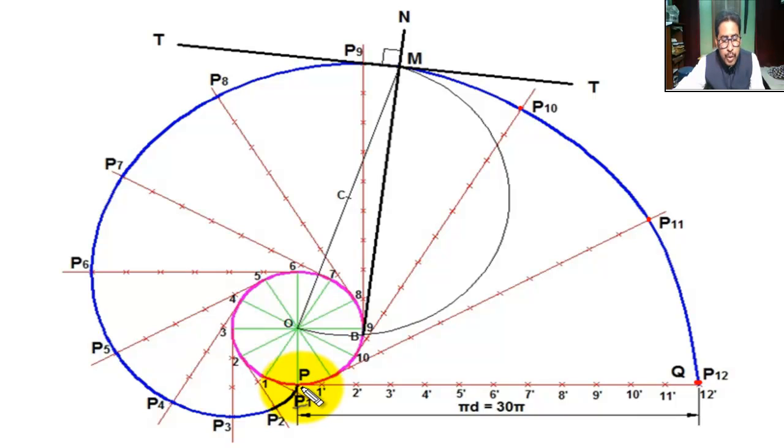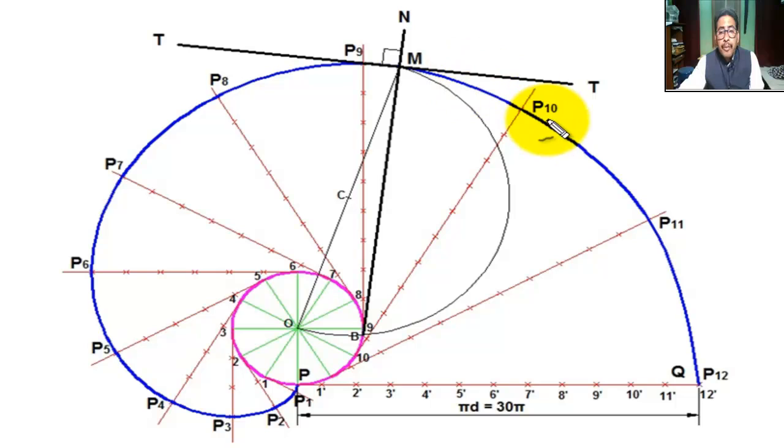Now we draw a smooth involute of the circle through points P, P1, P2, P3, P4, P5, P6, P7, P8, P9, P10, P11 and P12.